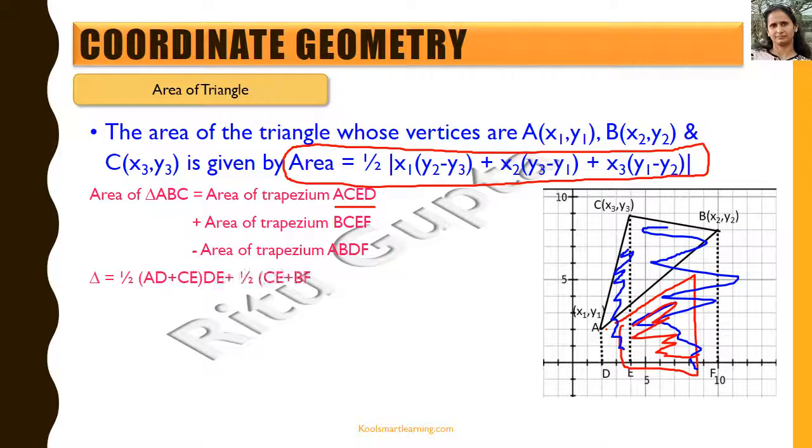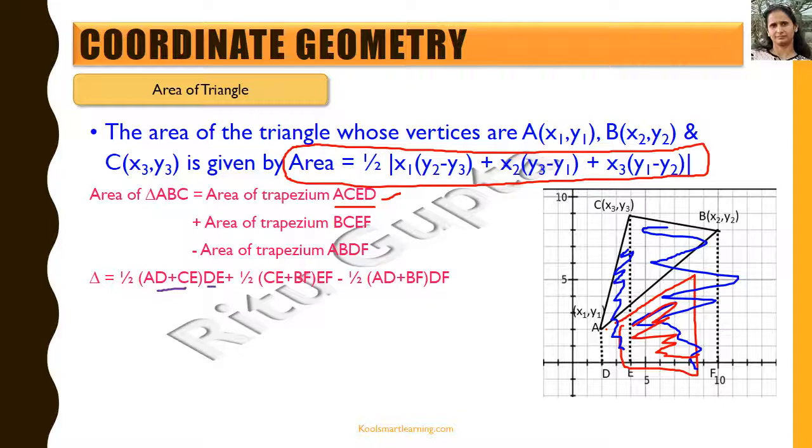Now what is the area of the trapezium? We know it is half into the sum of parallel sides into the distance between the parallel sides. So now for the trapezium ACED, we have half into the parallel sides being AD plus CE into the distance between the parallel lines, which is DE.